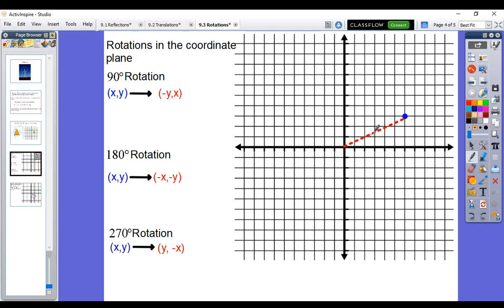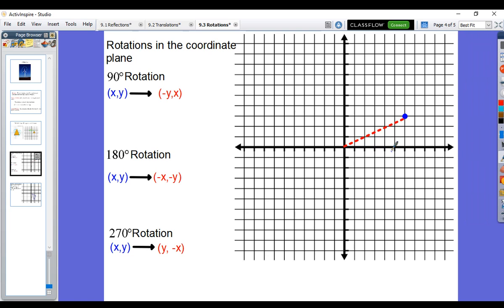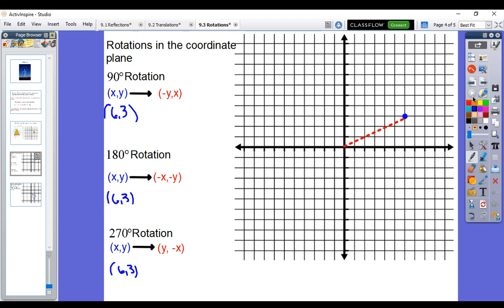So let's actually do it so it makes a little more sense. We'll start with this coordinate: positive 6, and positive 3. So 6, 3, and we're going to use the same one for all of them. I'm going to do the first one in red, a 90-degree rotation.